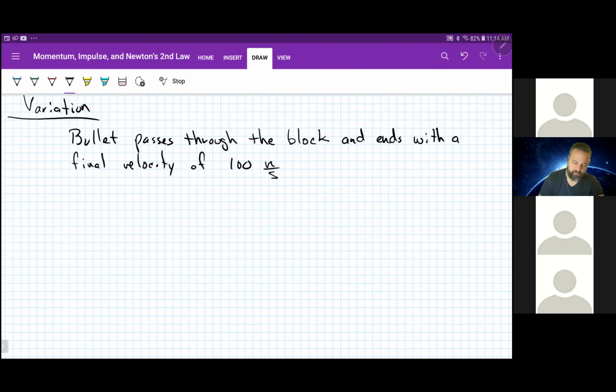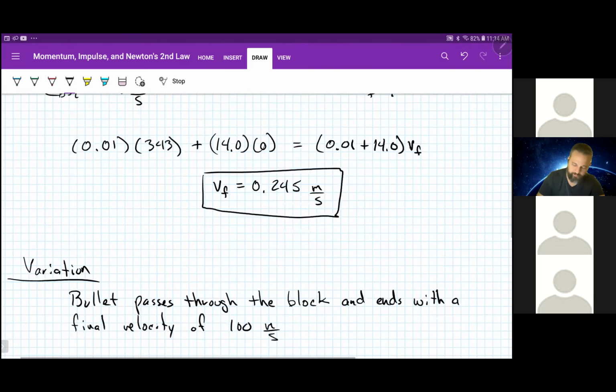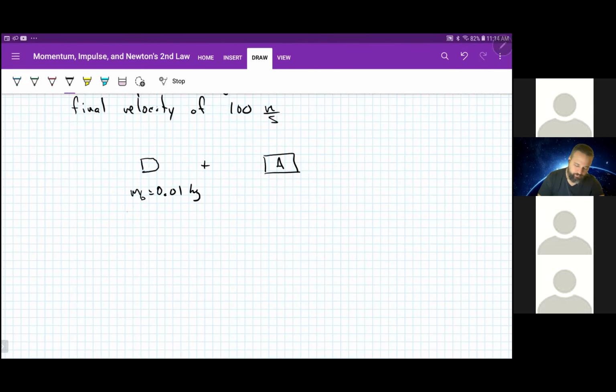In that case, the beginning would be set up the same. We'll call that A, and B is still 0.01 kilograms and still starts at 343. Same here, the block still has a 14-kilogram mass and the initial velocity is 0 meters per second.